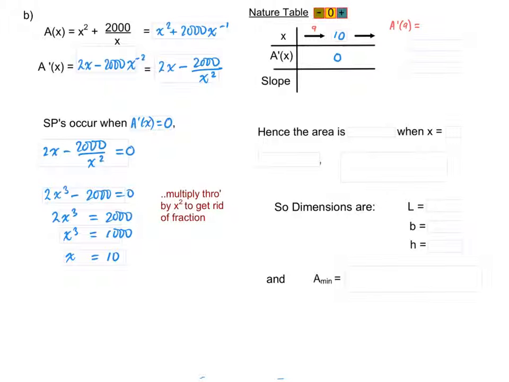The derivative, when you substitute 9 into it, gives us 2 times 9, take away 2000 over x squared, which is 9 squared, 81. That gives us 18 minus something round about 25. So that gives us a negative answer.